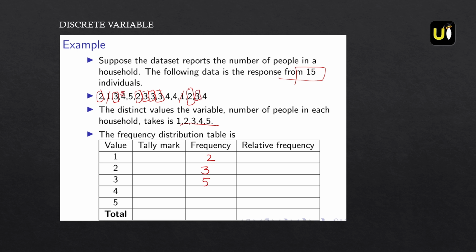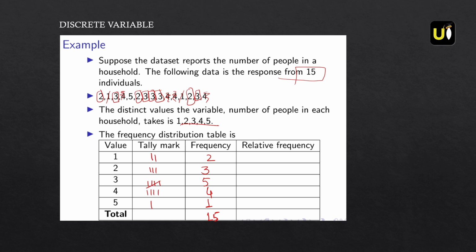Now count 4: 1, 2, 3 and 4. And 5 we have 1. Alright, so here we have 15 frequencies. So now we will make the tally here: 2, 3, 5, 4, 1.